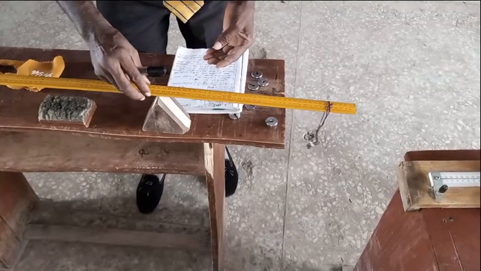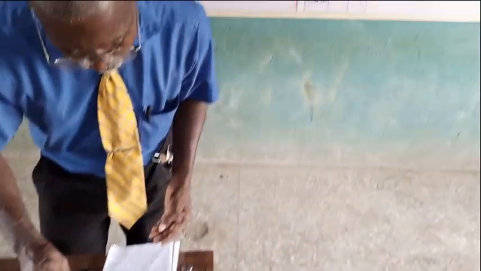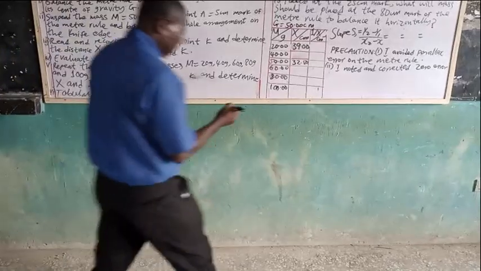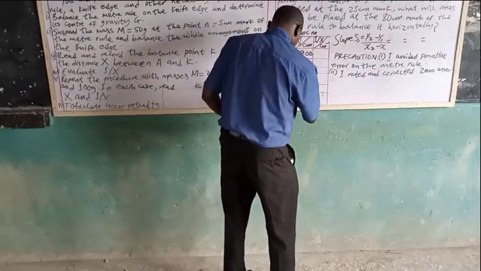Balance point is 39. We remove 5, get 34.